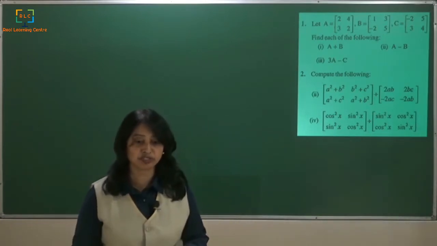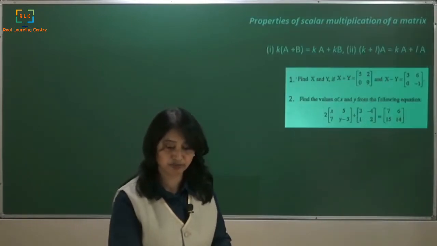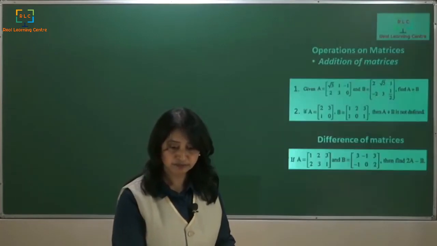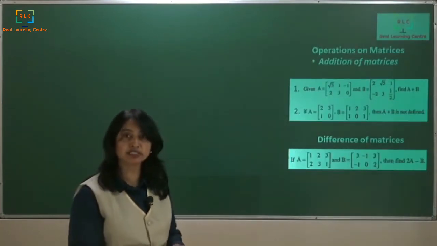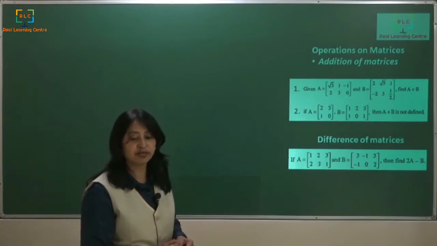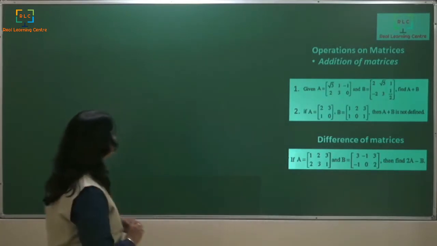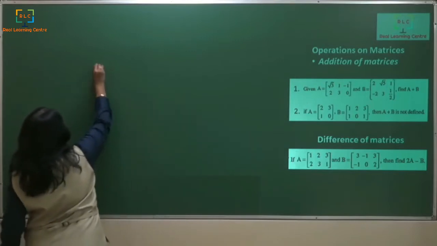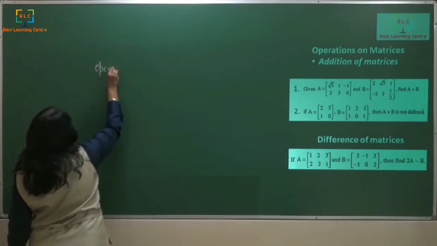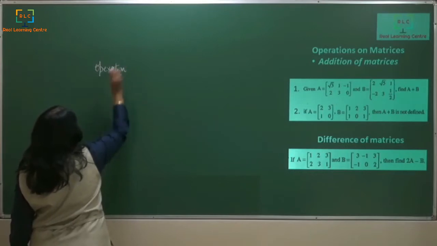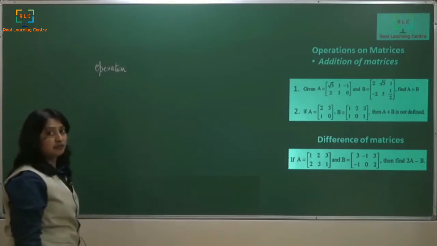Now continuing with the addition and subtraction of matrices, we have operations on matrices. Under that we have addition of matrices, difference of the matrices. So let us start with operations on matrices. Now what are the kinds of operations that you describe in mathematics? Addition, multiplication, subtraction and division.